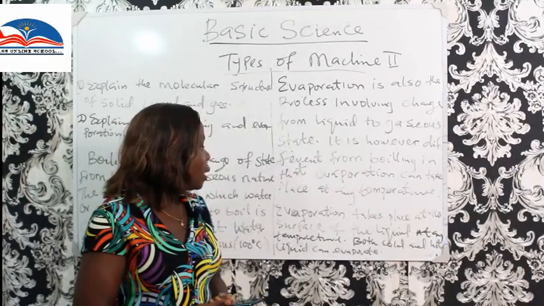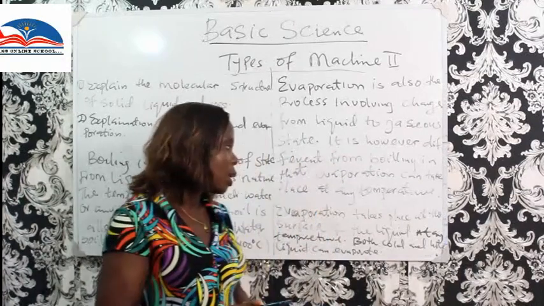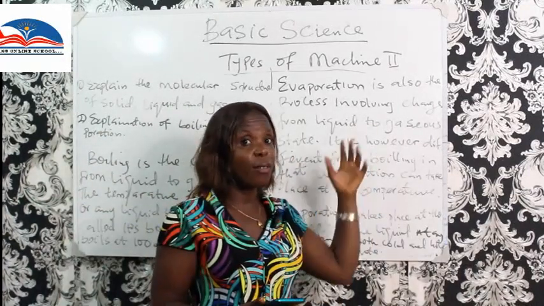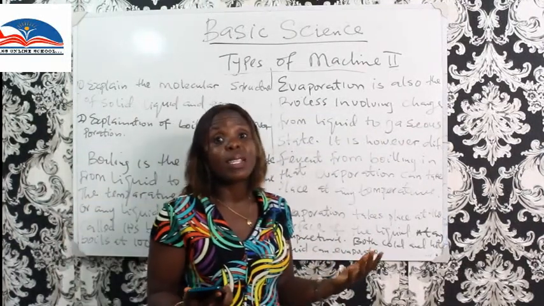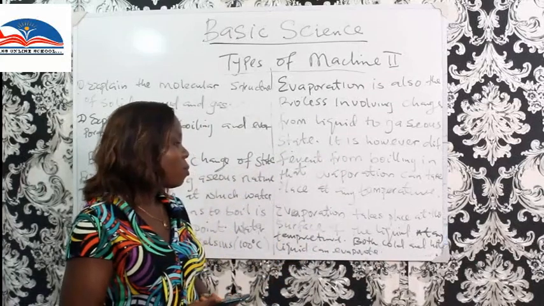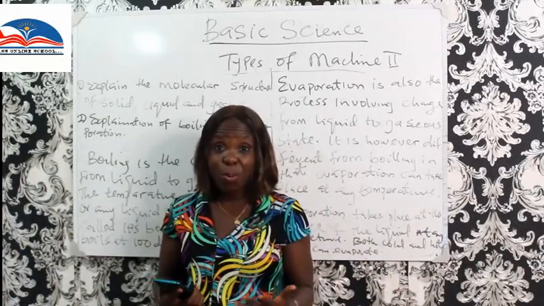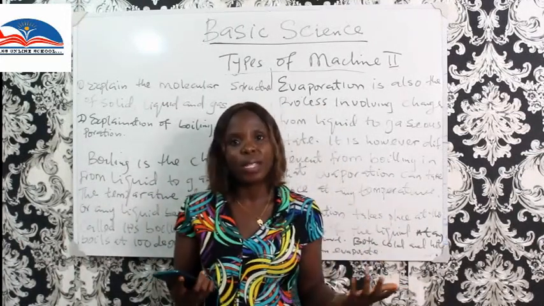Another difference between evaporation and boiling is that evaporation can take place at any temperature, like I've explained. Evaporation can take place both cold and hot. Both cold and hot water can evaporate. An ice cube can evaporate. Hot water can evaporate.